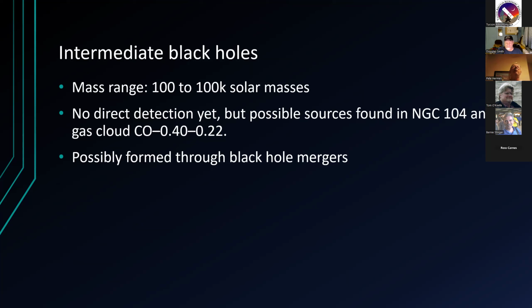We think that these objects are formed through the merger of black holes or black holes and neutron stars, which we can see if we follow some of the gravitational wave sources that have come out from the LIGO and Virgo experiments, which are gravitational wave detectors, and we can see them slowly building up.